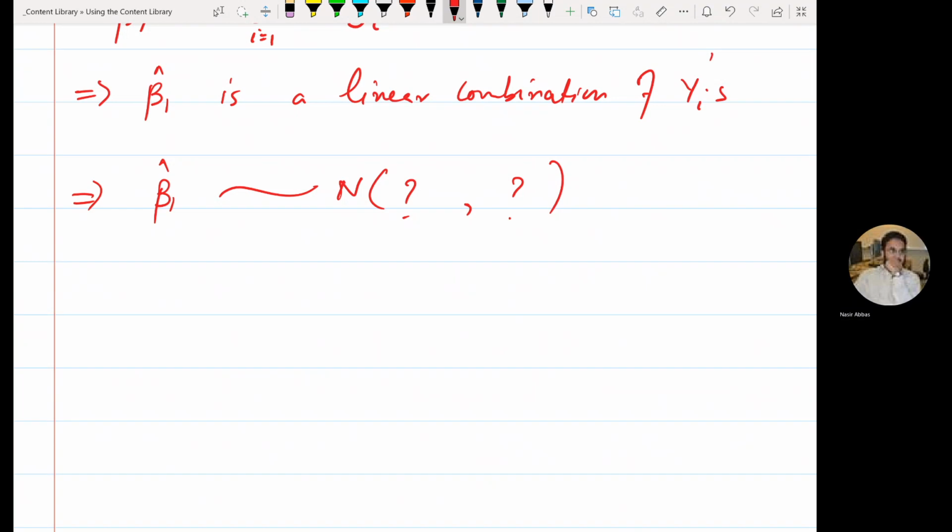Beta 1 hat is distributed as normal with mean question mark, with variance another question mark.